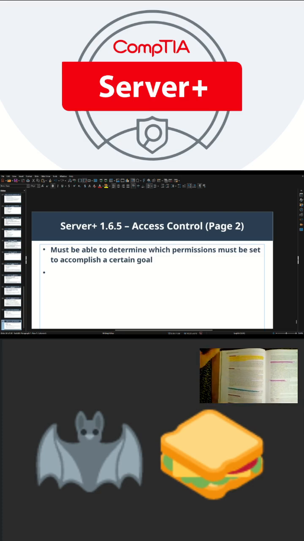Okay, must also understand permission inheritance and precedence.